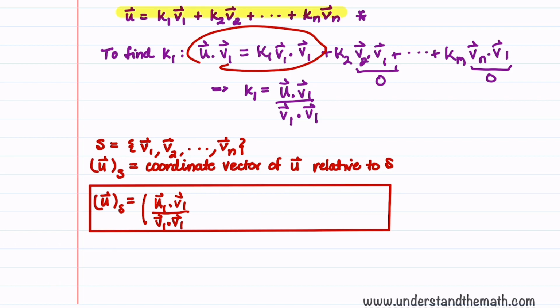That was our K1 from above. And then our K2 is U dotted with V2 over V2 dotted with V2 all the way up through our component U dotted with Vn divided by Vn dotted with Vn.